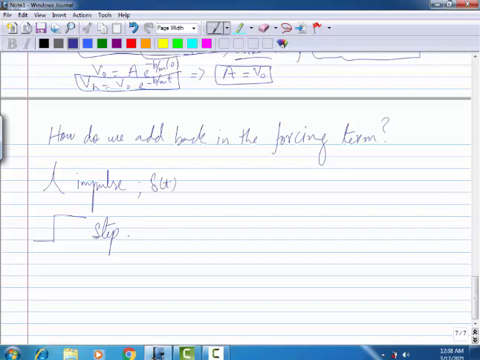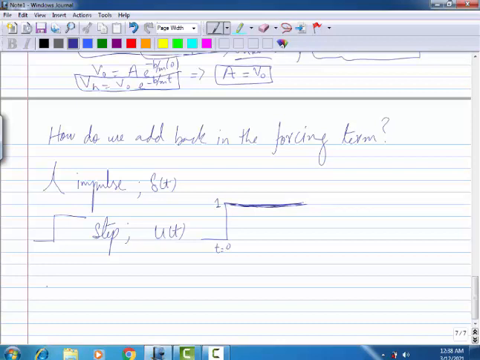Step input is normally represented by u of t, and it starts from 0 with a fixed input. Normally, if there is nothing multiplied, its amplitude is 1, and it starts from t equal to 0.